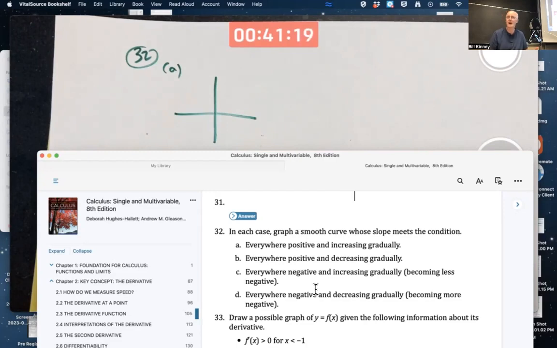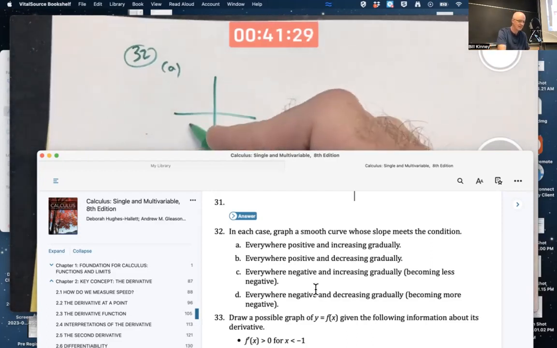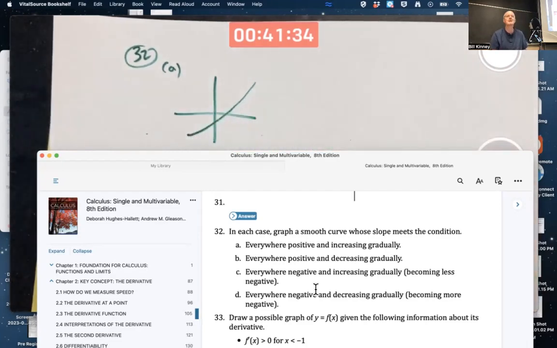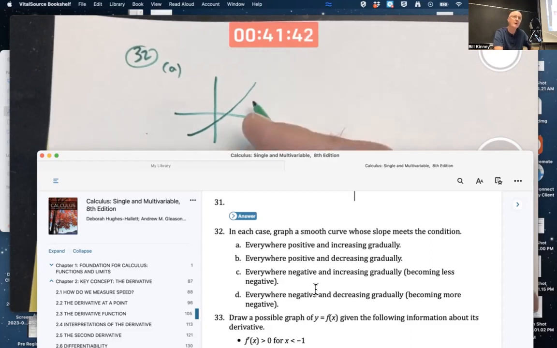Straight, concave up, concave down? I want the slope itself to increase gradually. Concave up. Does it matter where I put it? No, not really. Something about like that has a slope that's increasing. That's positive, first of all. You're going up. And the slope itself is also increasing gradually.